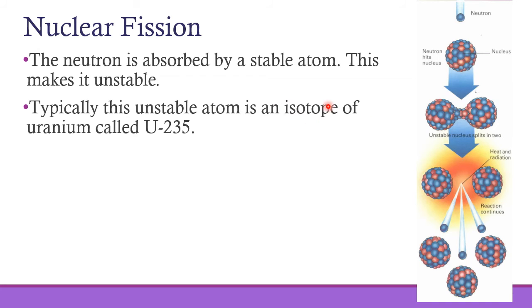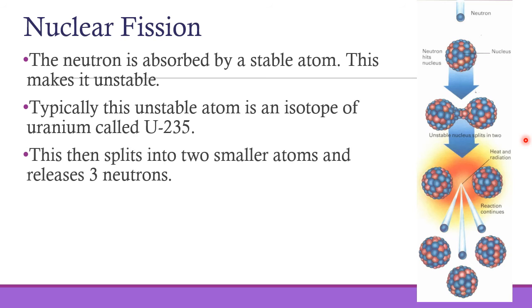Now this unstable atom tends to be an isotope of uranium called U-235, and these atoms are particularly unstable, which is great for nuclear reactors because we want as many of these reactions happening as possible so that more energy is produced, and then more power, because we can get more electricity from the amount of energy that's produced.